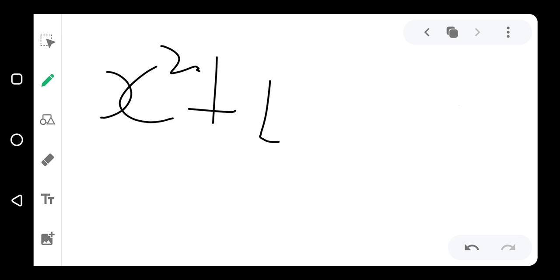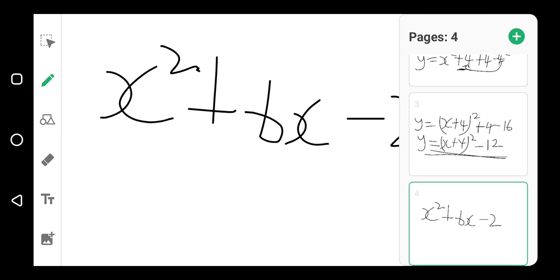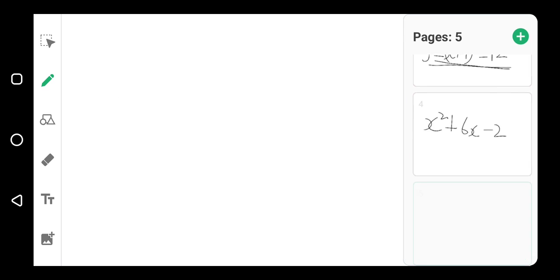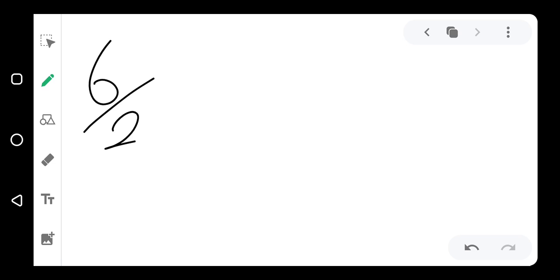The second question says that we should transform x squared plus 6x minus 2. Solution: our b is 6, so we take it, divide it by 2. 6 divided by 2 gives us 3, and then 3 squared.